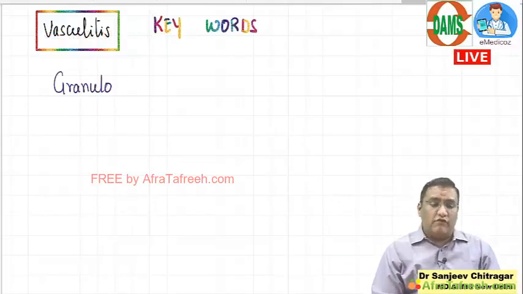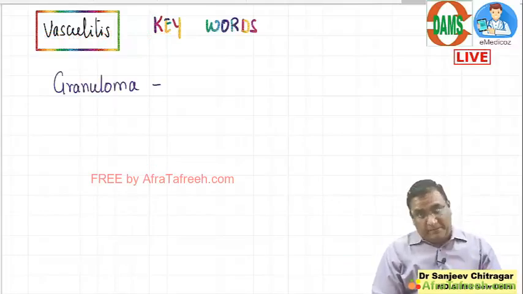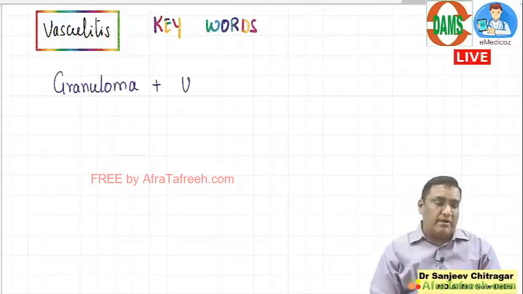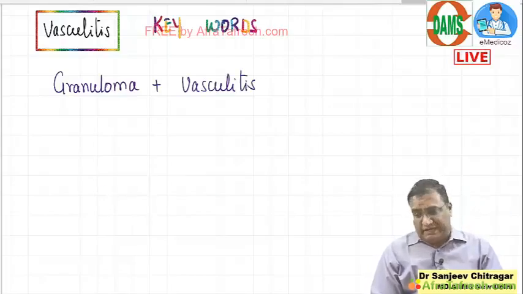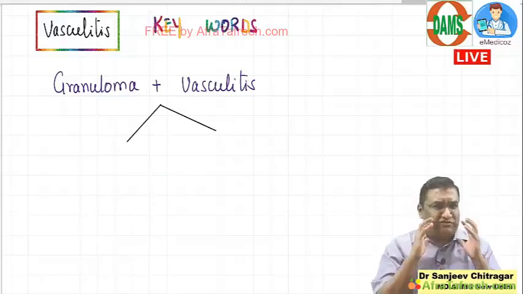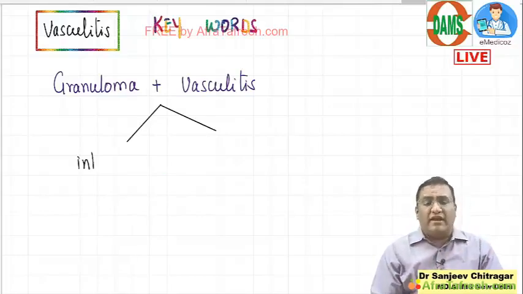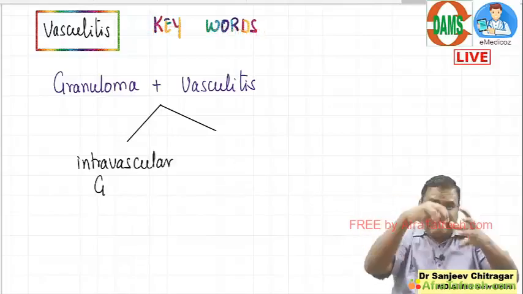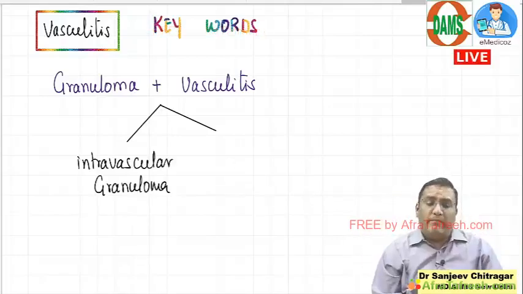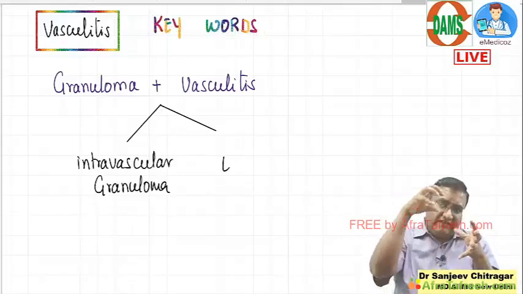First one, I look for granuloma, which is a microscopic keyword, by the way. On microscopy there is granuloma, and the patient is also having a vasculitis or suspected vasculitis. So granuloma is very important for vasculitis. Where are granulomas present? Intravascular granuloma, that means within the vessel itself. So this is called granulomatous vasculitis. So the vessel is having granuloma, inflammation.